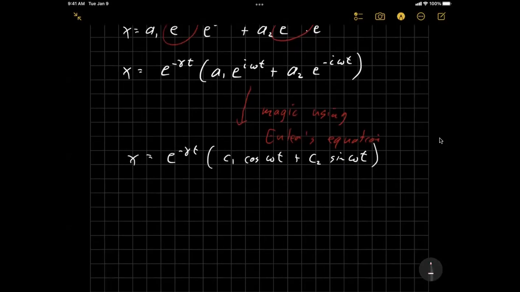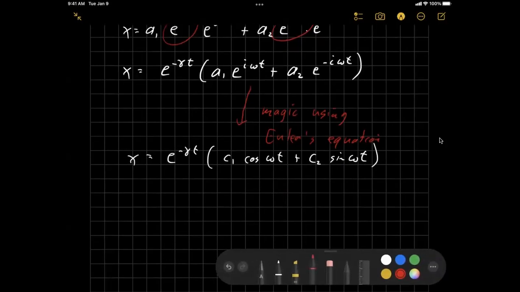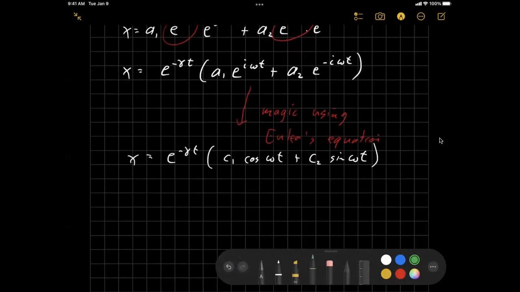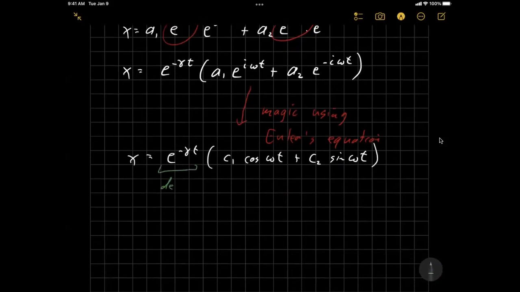But when we look at this, okay, it fits all of the ingredients of what we're looking for, all right? We have decay. This is exponential decay right here. And this is the old oscillating solution. The only difference is that omega is a little different because we have a damping part of it.